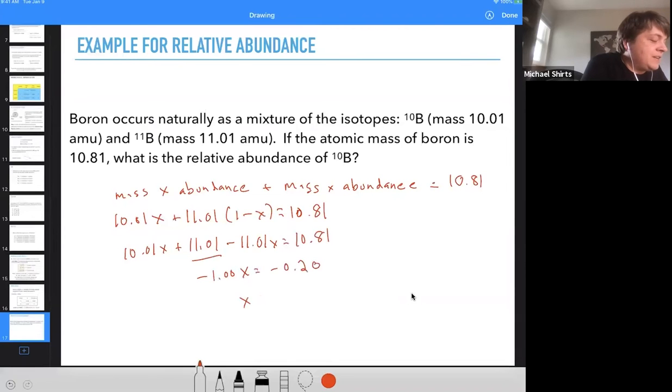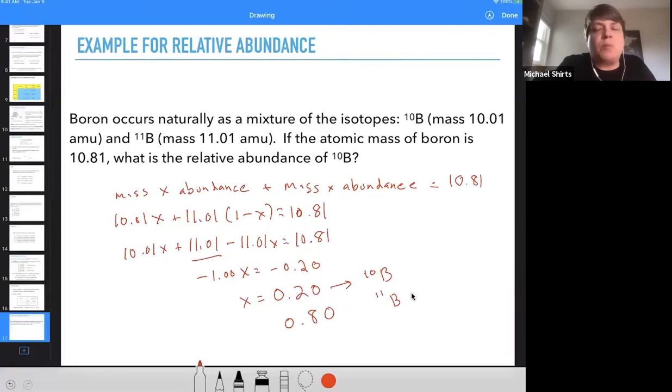So clearly x is just 0.20. So what is x? x is the relative abundance of boron 10, which means that the relative abundance of boron 11 is just 1 minus x, 0.80.